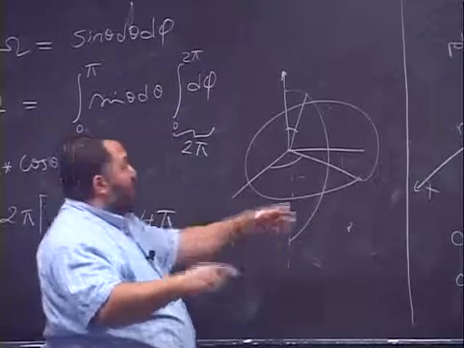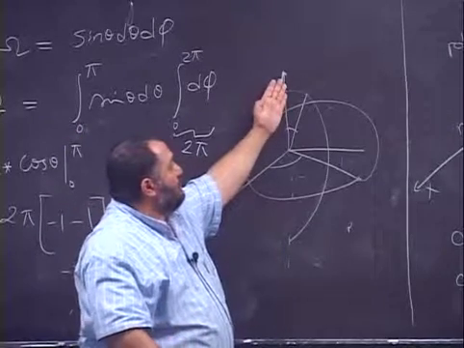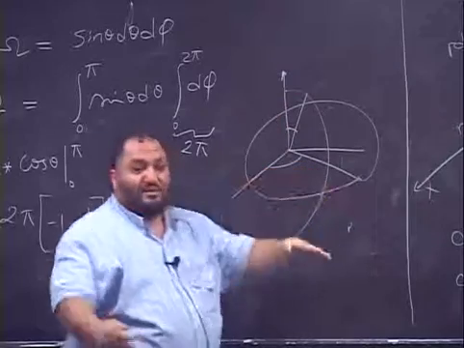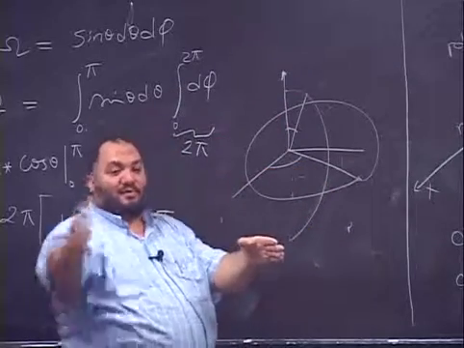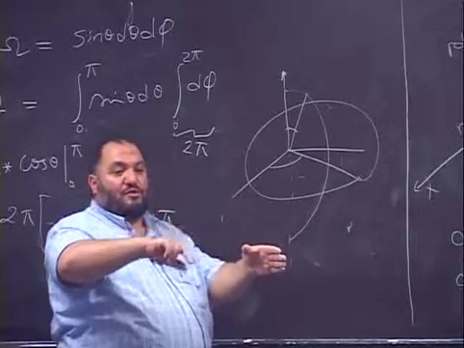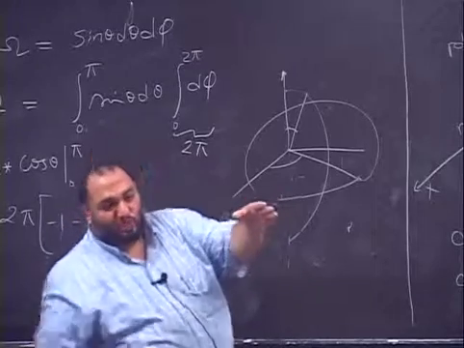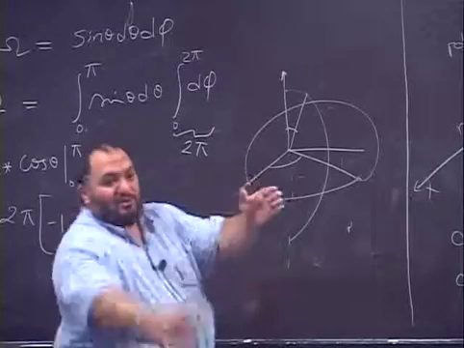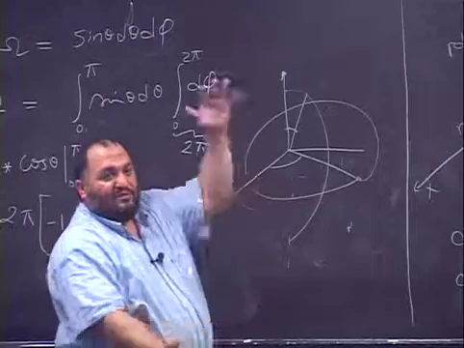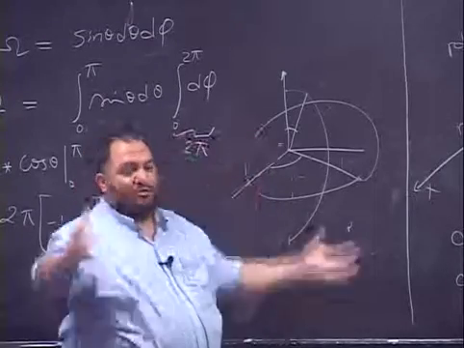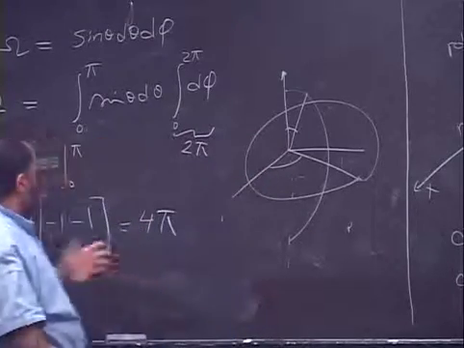And if you go from 0 to pi, this will give you the top hemisphere. If you go from pi to 2 pi, this will give you the lower hemisphere. So we have a lower and upper hemisphere. This will form a sphere. And this is the result.